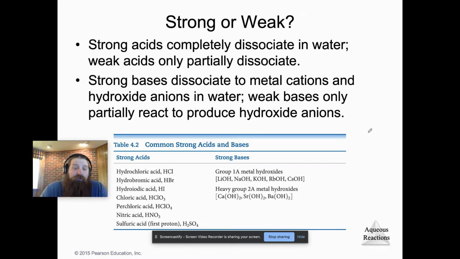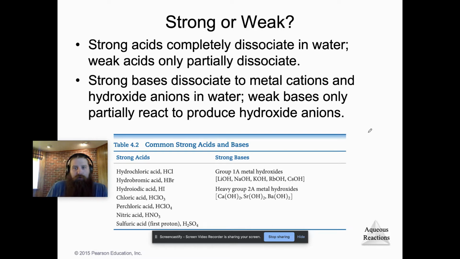So like there's only 7 strong acids. Now, something to keep in mind, when I'm saying these acids are strong, that doesn't have anything to do with how corrosive the substance is. The strength of an acid, when we say strong here, is just referring to its ability to release hydrogen ions in solution. That's the only thing that makes an acid strong.